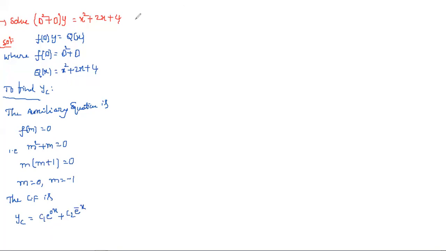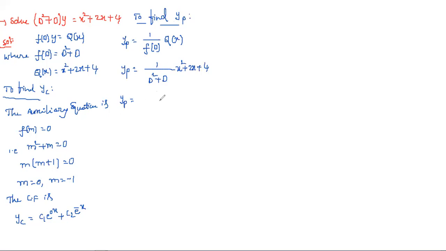Now coming to particular integral. To find particular integral, yp is equal to, so what is the formula we can use? 1 by f of d into q of x. So yp is equal 1 by f of d, which here is d square plus d, and q of x is nothing but x square plus 2x plus 4. And now our first step is we need to take common for getting 1.